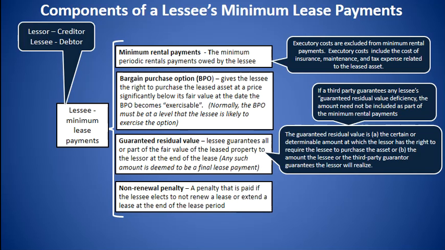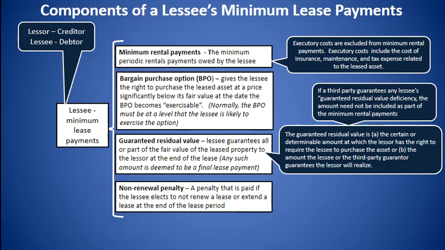Number three, guaranteed residual value. Sometimes the lessee guarantees all or part of the fair value of the leased property to the lessor at the end of the lease. And what we're really saying is that I'm going to guarantee you this particular leased asset is going to have a value of, let's say, $10,000.